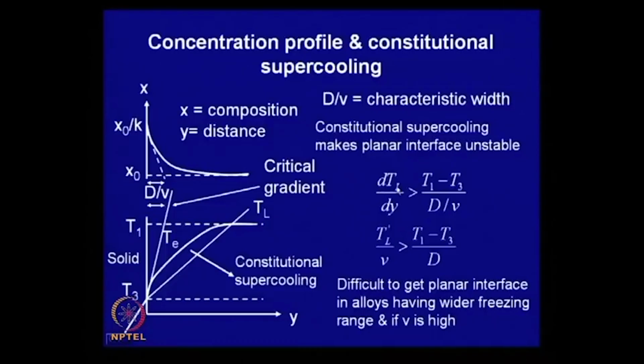This is the critical gradient, and the actual gradient which you are maintaining, that T L gives, the differential of this line with respect to y, that d T L over d y, if this is greater than this gradient, that is T 1 minus T 3 over this distance, the characteristic distance, in that case you will not have constitutional supercooling.